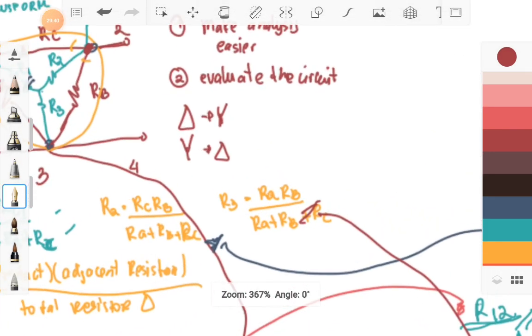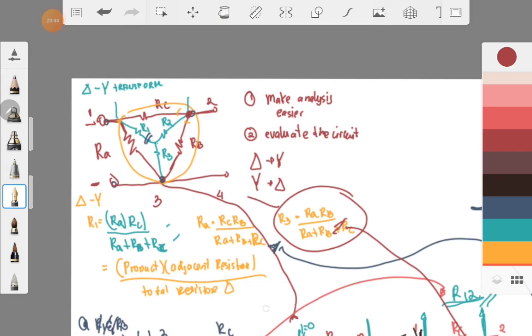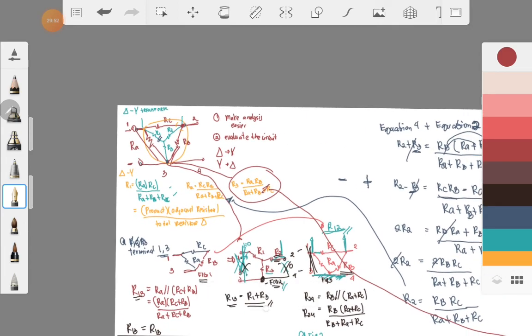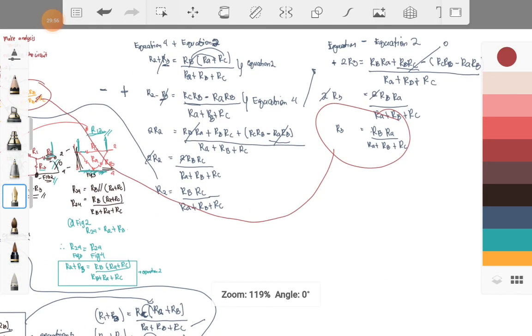Like our R3, tama? So, mapapansin yung R3 natin is equal to RA multiplied by RB divided by the total ng delta connected resistance natin. Okay? That is for our R3.